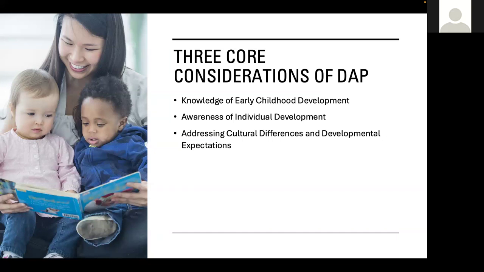And then lastly, having an understanding of cultural differences and the developmental expectations of different cultures and how that may affect how a child is learning or reacting to any of the activities or things that we may do in our story times. So kind of keeping that at the forefront.